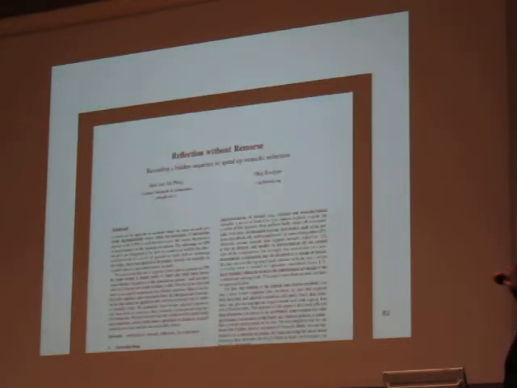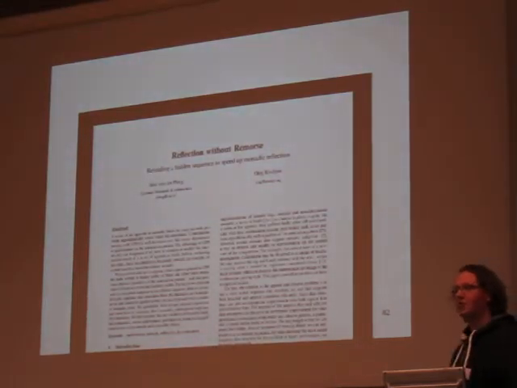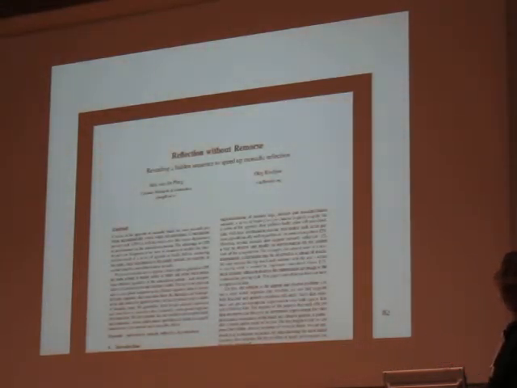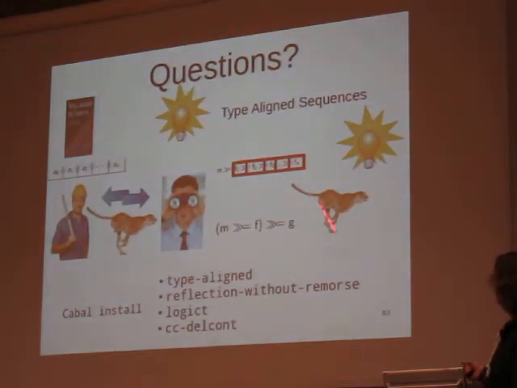And if this went a bit too fast, or it was very unclear, I suggest you read this wonderful paper called Reflection Without Remorse: Revealing a Hidden Sequence to Speed Up Monadic Reflection. And also, if you want to use something based on this, you can install four packages.